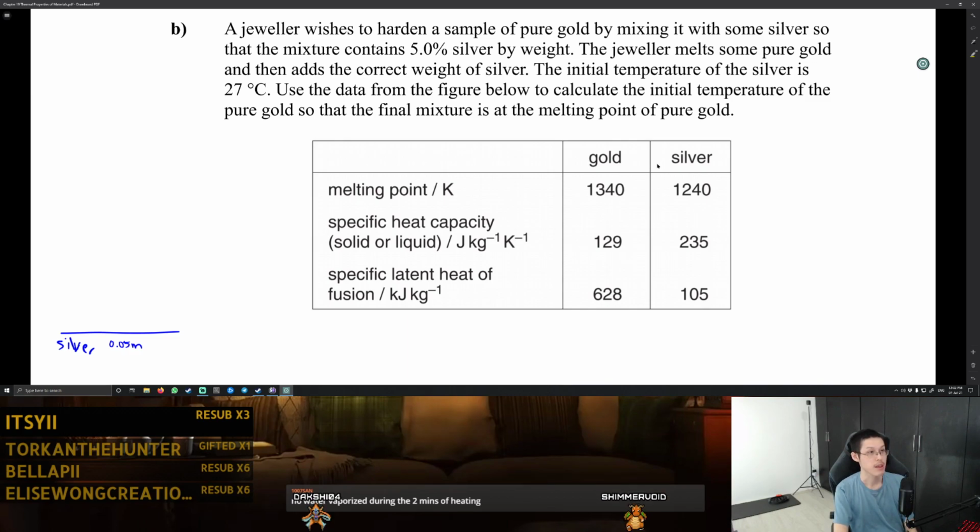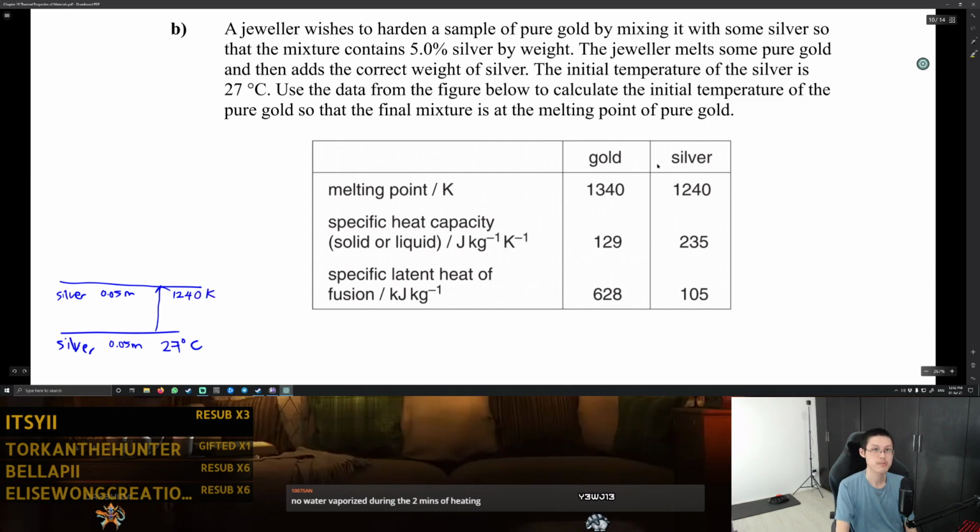Okay, and then the initial temperature is 27 degrees Celsius. So we're gonna have to increase the temperature of silver until it reaches the melting point. So silver 0.05 M. What is the melting point? Melting point of silver is 1240 kelvins. So I'm going to change my 27 degrees Celsius to kelvins, which I'm going to add 273 to, which gives me 300 kelvins.